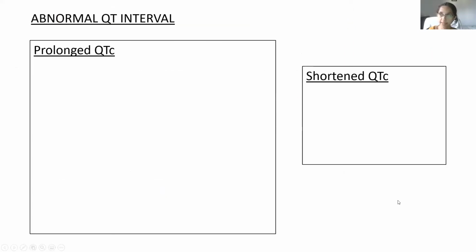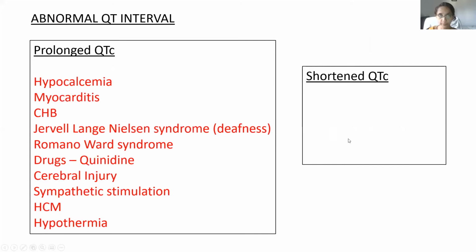Now, what abnormalities can be there in QT? All of us know that there's something called prolonged QT. Similarly, there can also be something called shortened QT, which is not that commonly thought of. Prolonged QTc, two most important causes would be hypocalcemia and certain syndromes like Romano-Ward syndrome or JLN syndrome, which is associated with deafness.